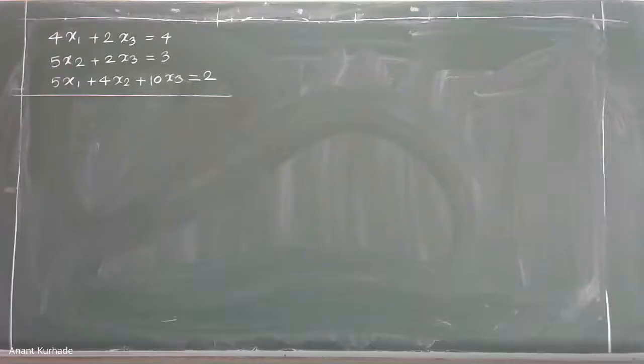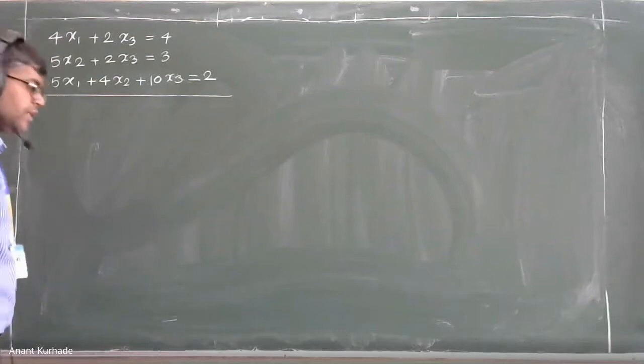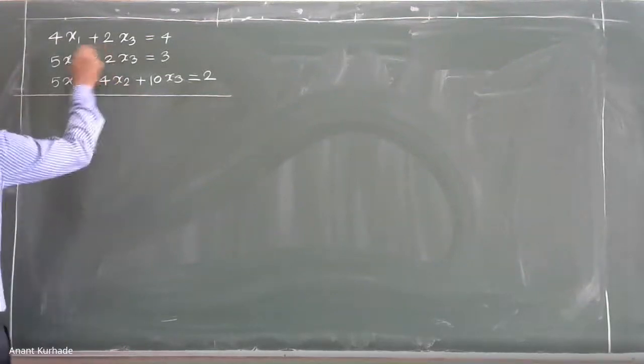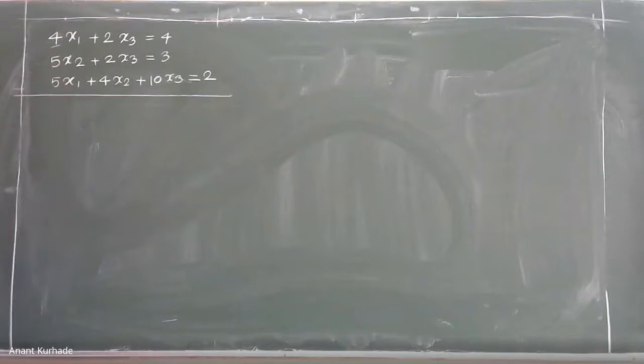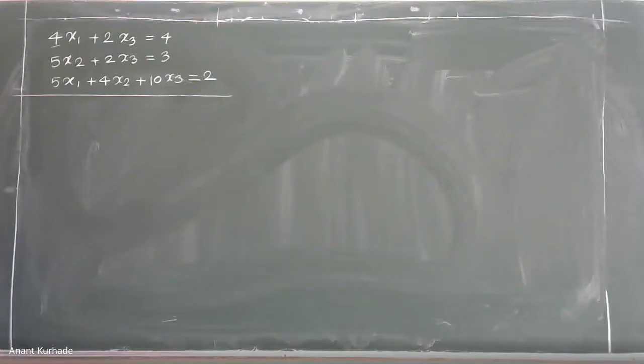x1. So, for x1, from equation 1 the coefficient is 4. From equation 2, what is the coefficient of x1? It is 0, because it is not given, so we can say 0 x1. Here the coefficient is 0.